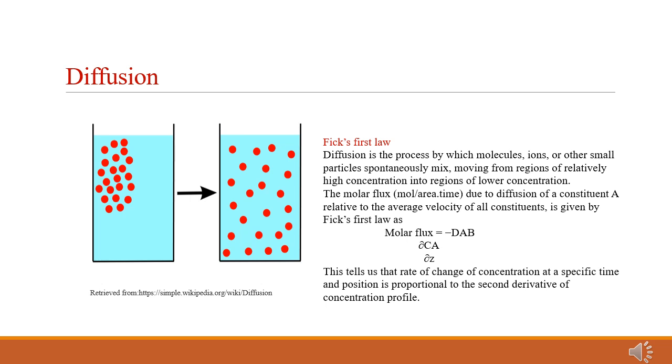So Fick's first law is a fundamental principle used to quantify diffusion, and it shows that rate of diffusion is proportional to the concentration gradient. This law provides a mathematical framework to calculate and predict the rate of diffusion, which is crucial for understanding various natural and industrial processes, including gas absorption, filtration, and mixing.